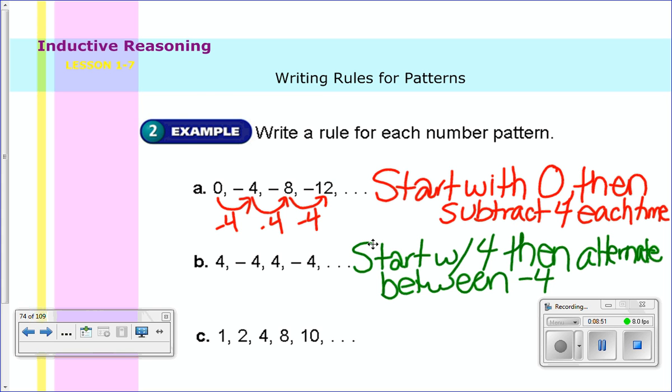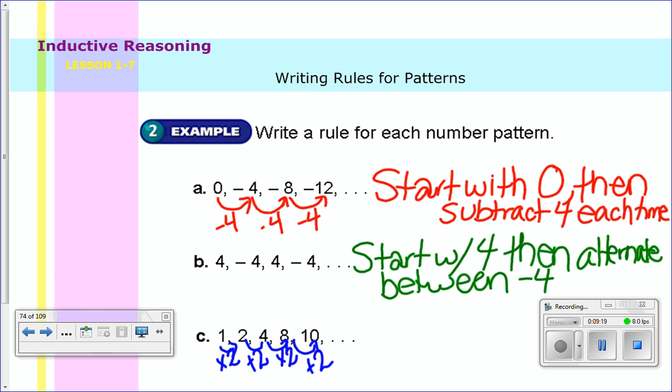Instead, what they end up doing is here, you would times by 2. But then from 2 to 4, what's another way we can go from 2 to 4 without timesing? Well, that would be adding. So here they did 2 plus 2 is 4. Now here, 4 and 8, well, 4 times 2 gives me 8. And then here from 8 to 10, you add 2.